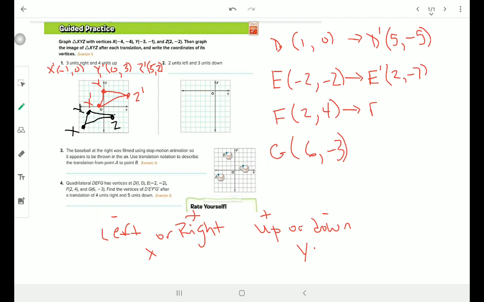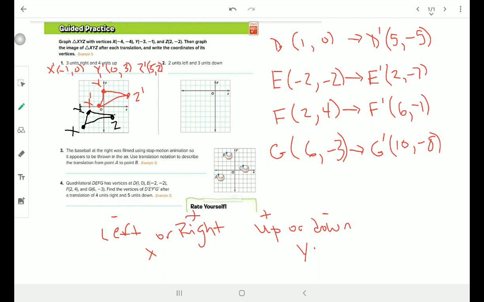With F prime, that is going to be 2 plus 4, which is 6, and 4 minus 5, which is negative 1. And lastly, G prime is 6 plus 4, which is 10, and negative 3 minus 5, which is negative 8. And that is how you would do it without a coordinate plane.